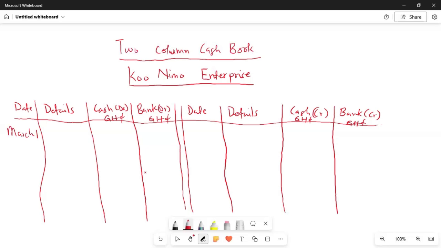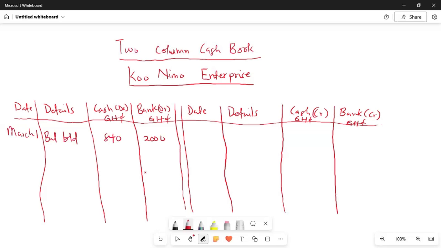The reason why we are bringing this to the debit side is because cash and bank are assets, and all assets have debit balance. So, balance brought forward. Cash is 840, and bank is 2,000. Okay, so now let's move on.